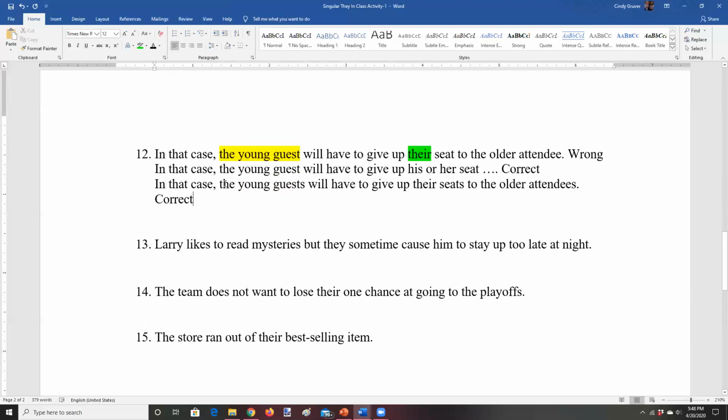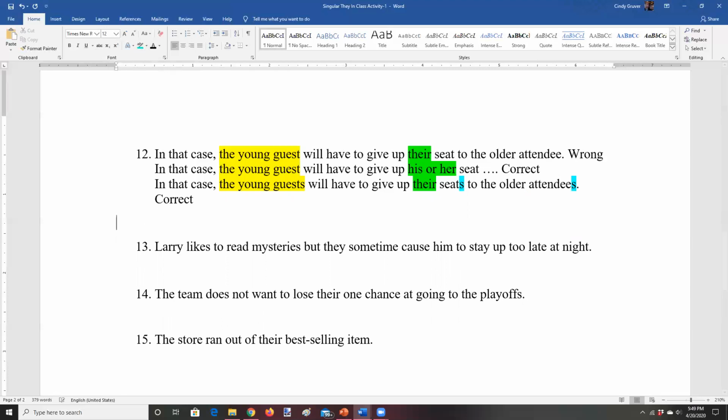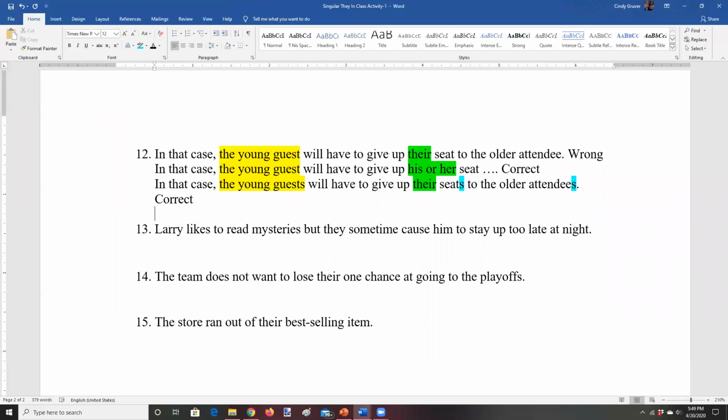So we're going to put this in. Flag this S, and you can see we also had to flag another S, so you have to think about the whole sentence. Sometimes you have to make a change in the verb, sometimes you have to make a change in some of the nouns.